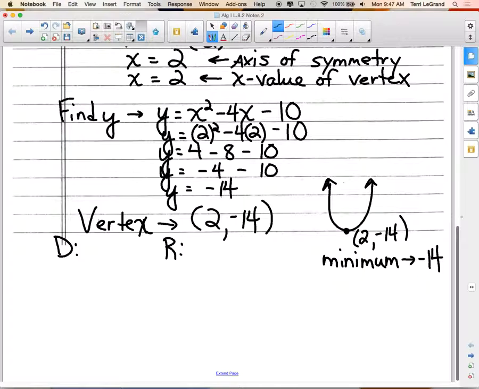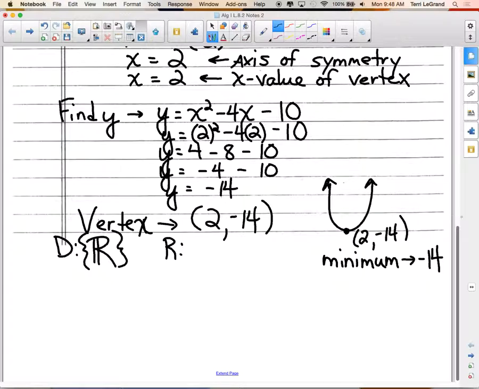Would there be any restrictions on the x value? Can we square negative numbers for x? Yeah, and can we take negative numbers times negative 4? Yeah, so I don't think there's any restrictions. So yes, the domain is going to be all real numbers. There's our domain, and that's our little shortcut way of saying all real numbers.